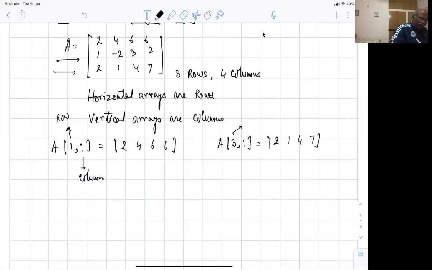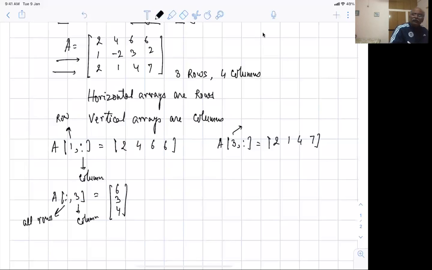If I want to look at the columns, suppose I want to look at the third column. So this is the third column that I'm looking at, the second part. Here all the rows are there, all rows. And here I'm looking at the third column. So it is nothing but 6, 3, 4. Is that okay? Fine.